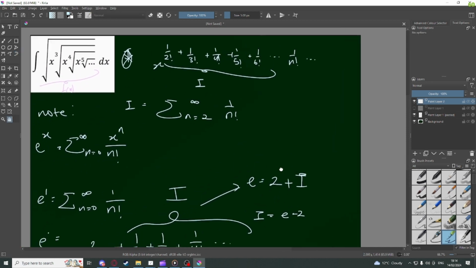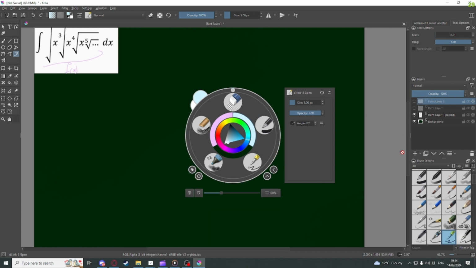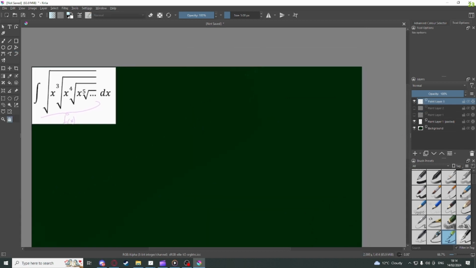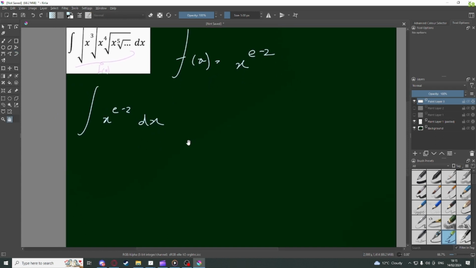Okay. And so my integrand now, I can simplify yet again and say that f of x is just x to the power of e minus 2, and then my integral is x to the power of e minus 2 dx. x to any power except minus 1 you can integrate via the power rule. It doesn't matter what this looks like, it is still a number.